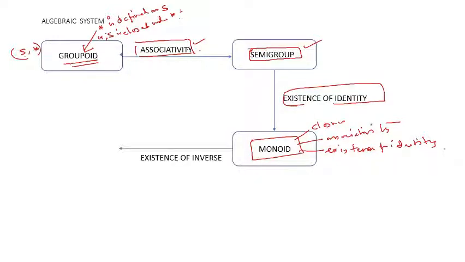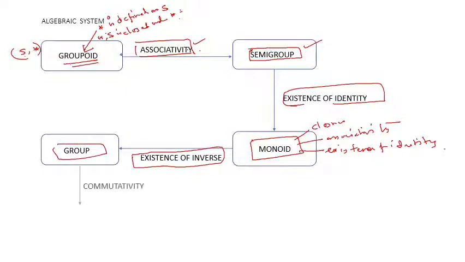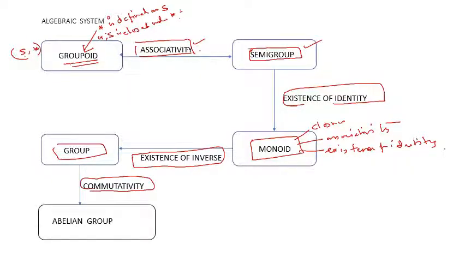Then we add another property to this monoid, which is existence of inverse, and we get what is called group. Further, we add another property, which is commutativity, so we come to what is called abelian group.